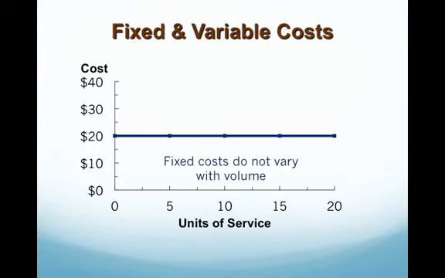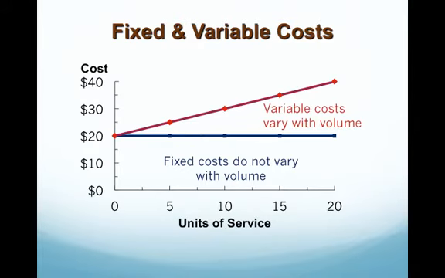Whether you're serving 5 people, it still costs you $20. Whether you're serving 20 people, it still costs you $20. And then, by deduction, because you're bright people here, this would be the variable cost, because as you serve more people, the costs go up. Now I show it starting at the point where the fixed costs start, because it's additive.